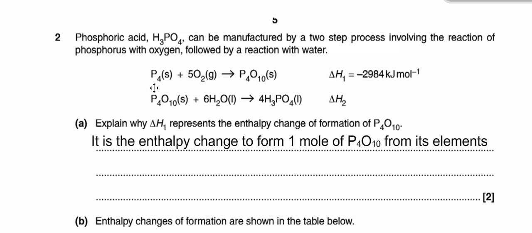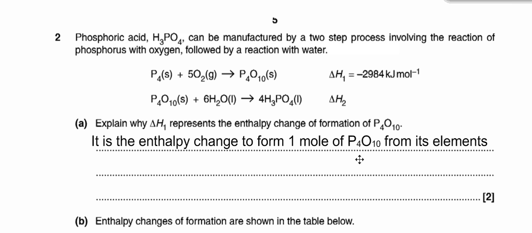So, check, have we got the elements there? We do. So the answer to this question is essentially the definition of the enthalpy change of formation, but it's very, very specific. It's the enthalpy change to form 1 mole of P4O10 from its elements.